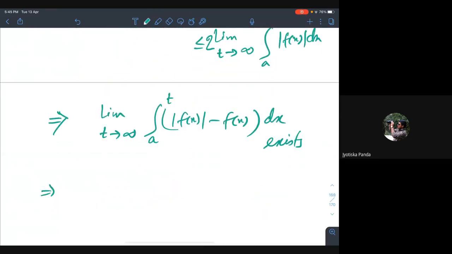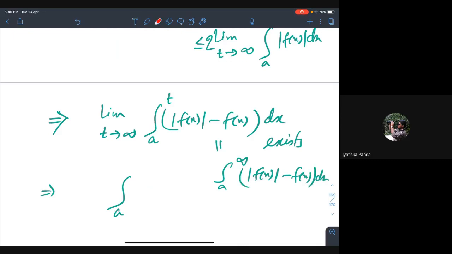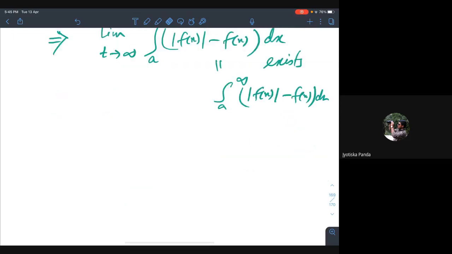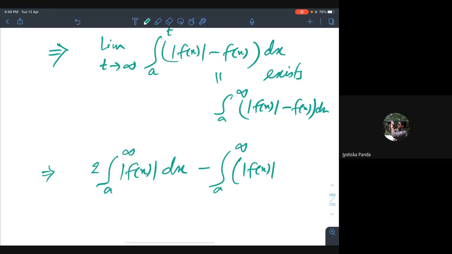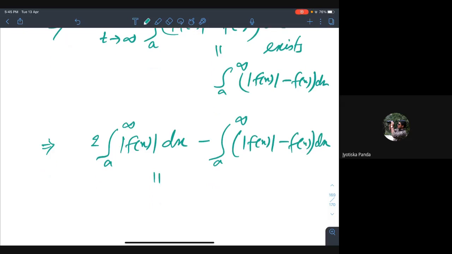Now you just do these things. The integral from a to t, which is nothing but the integral from a to infinity of |f(x)| minus f(x) dx. Now you do the integral from a to infinity of 2|f(x)| dx minus the integral of (|f(x)| minus f(x)) dx, right? Which is also exists.